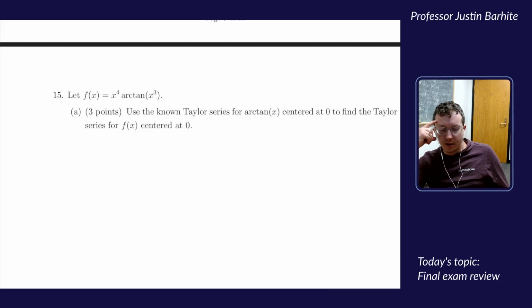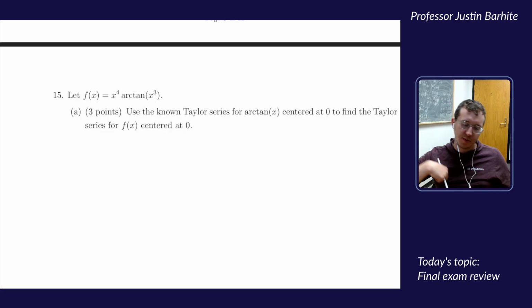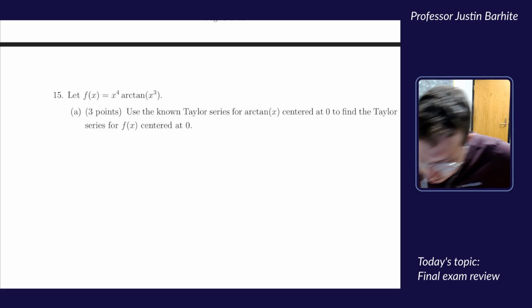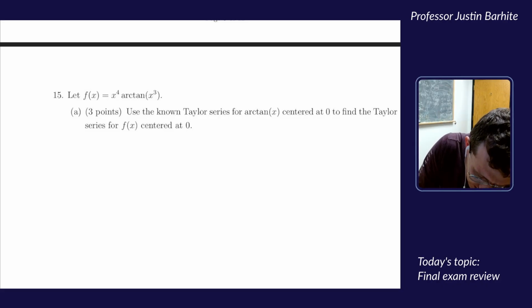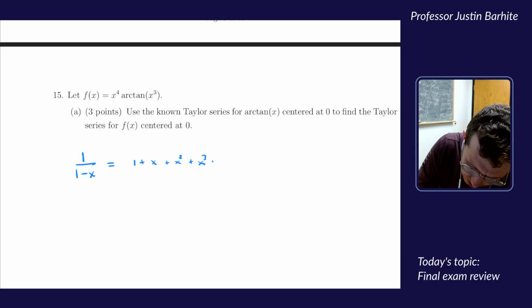Okay, so they want us to use a Taylor series for arctangent of x to find a Taylor series for x to the 4th arctangent of x cubed. I don't remember the series for arctangent of x off the top of my head, so let me rederive it. The thing that I do remember is that 1 over 1 minus x is 1 plus x plus x squared plus x cubed, and so on.